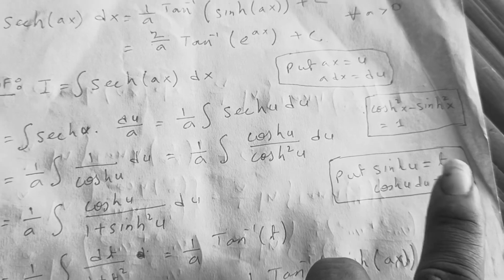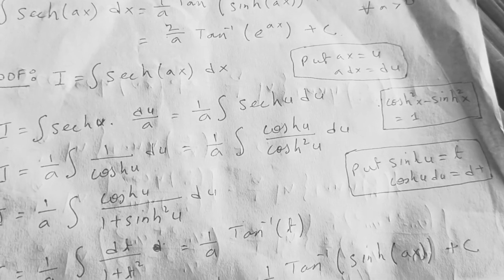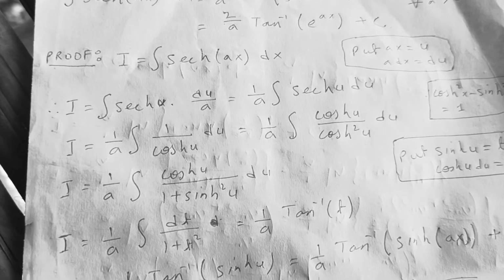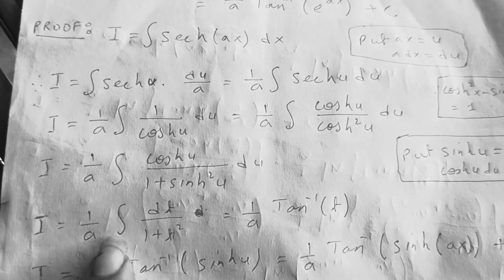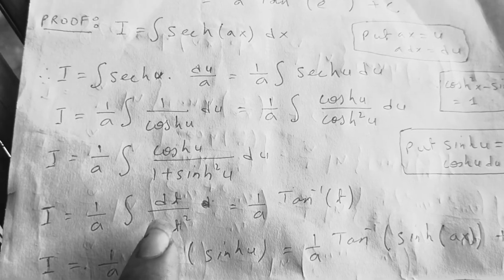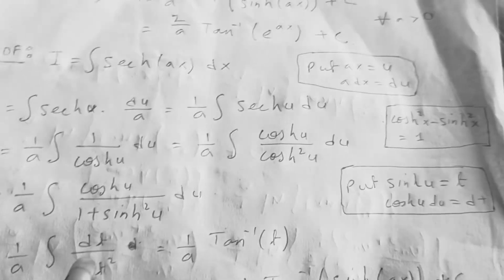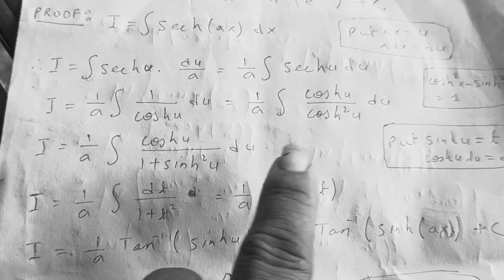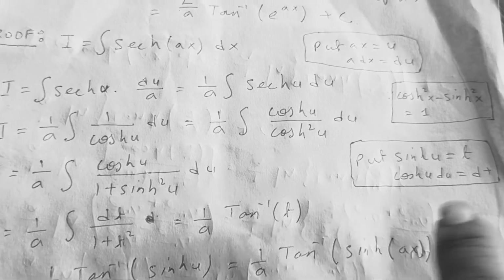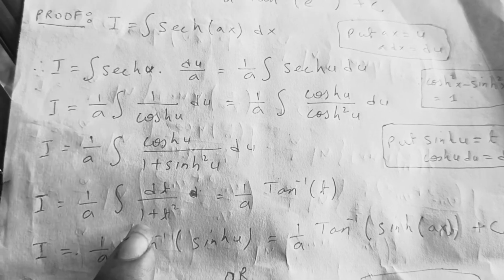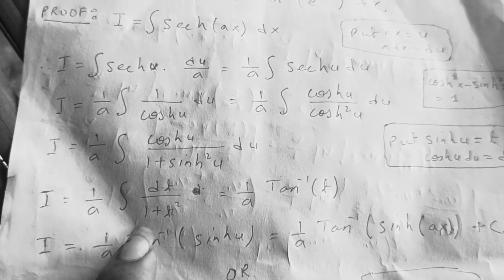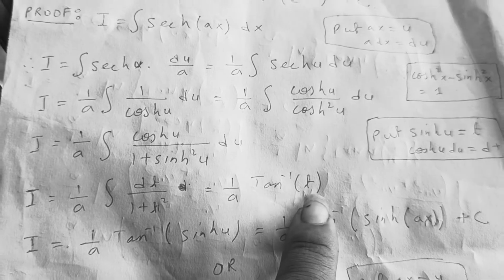You can watch all this in my previous video, okay? Since sine hyperbolic of u is t, replace here: 1 upon a integral of cos hyperbolic of u du, which is nothing but dt. So we have dt upon 1 plus t square, and this is nothing but the inverse tangent, right? 1 upon a inverse tangent of t.